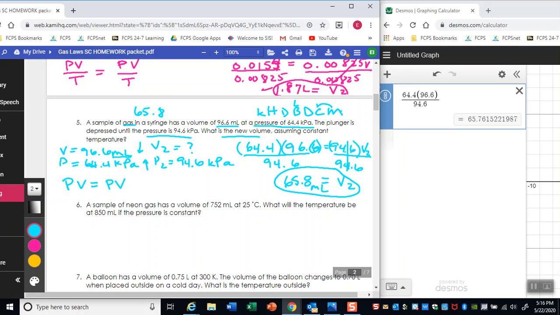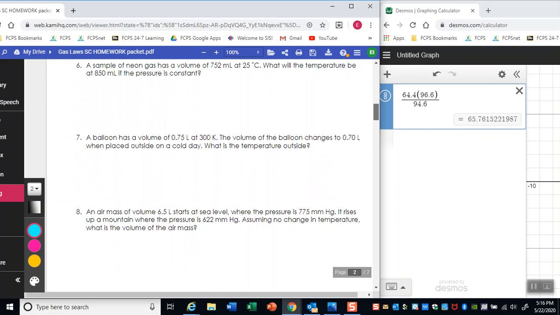I'm going over 1, 2, 3. So I've got to move this decimal 1, 2, 3. So I'll put a 0 there. So that would be 0.0658 liters. So you want to be able to go back and forth in case you have a multiple choice test. And also you'll see later on, sometimes you have to go to liters when we start doing our ideal gas laws. So it's good to know.